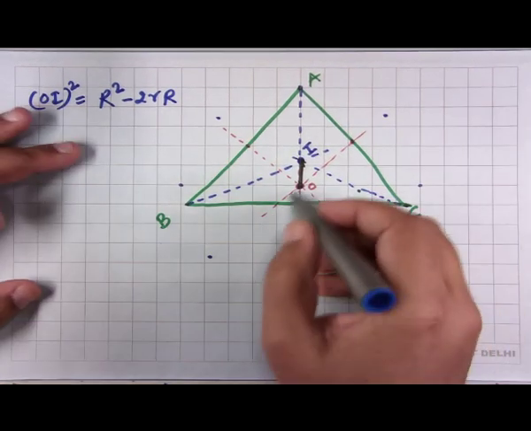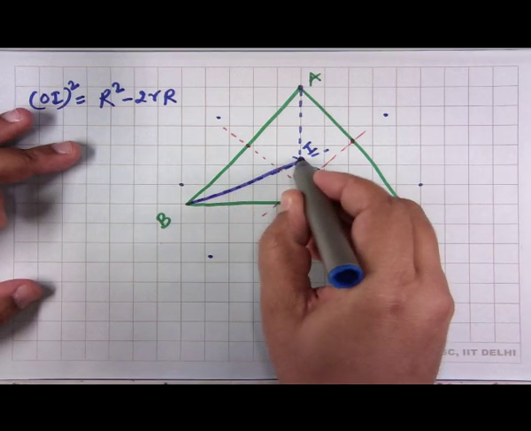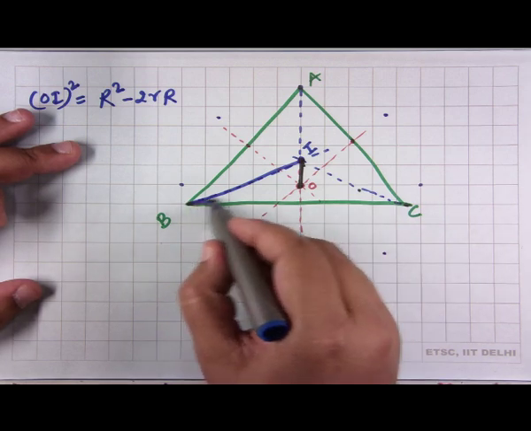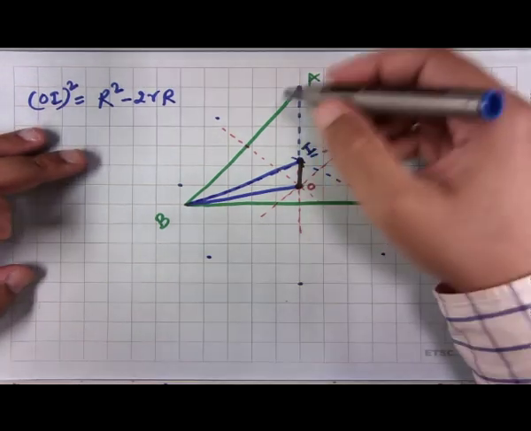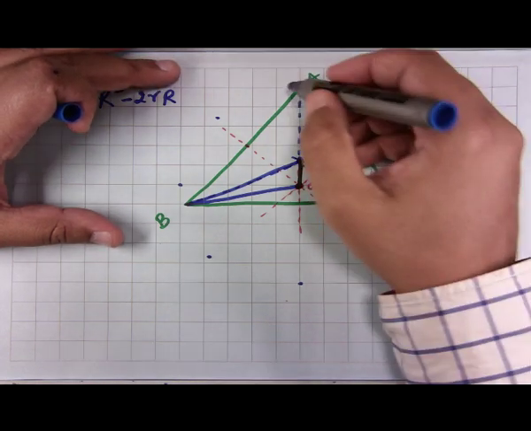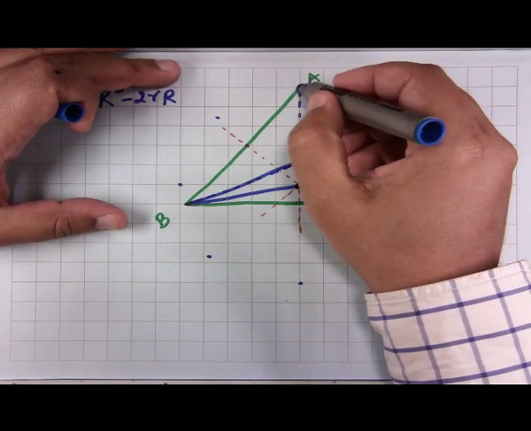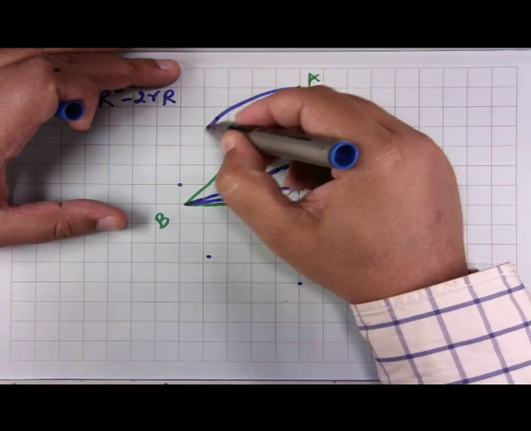Clearly, let's join B and I and also B and O, and since O is the circumcenter, we can also draw the circumcircle, which will look something like this.